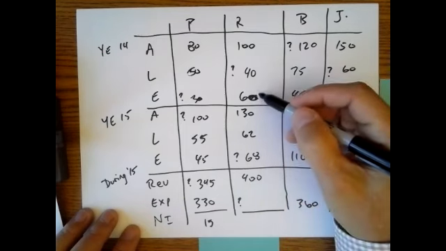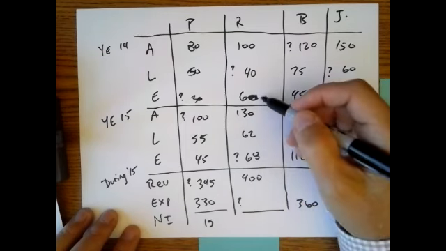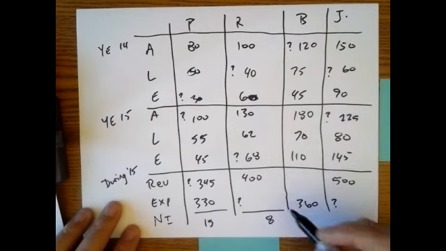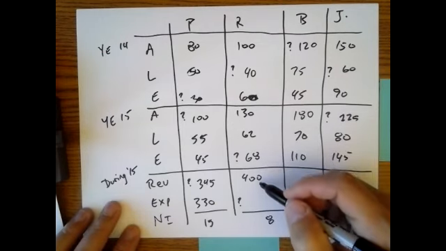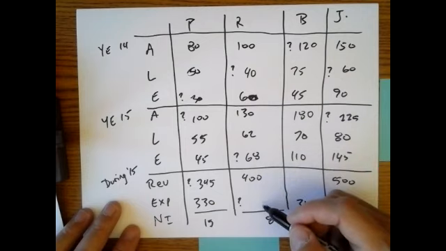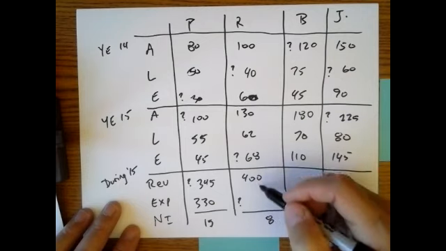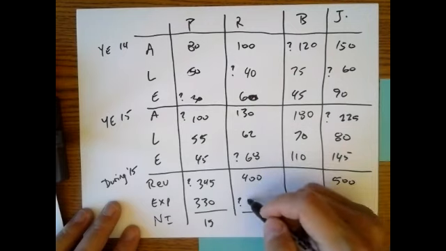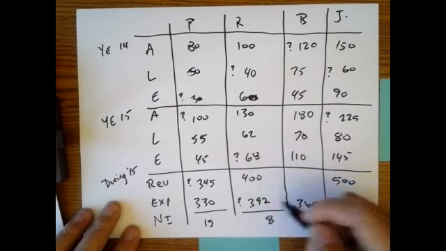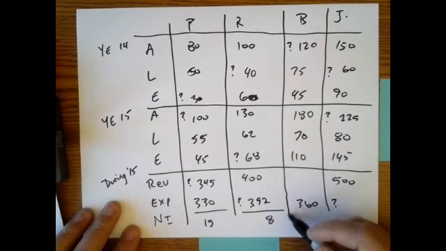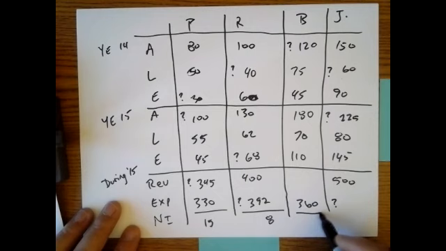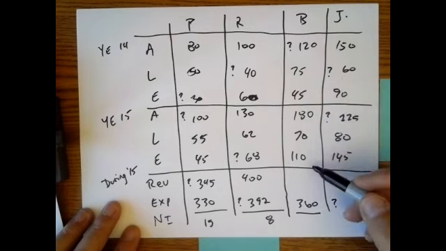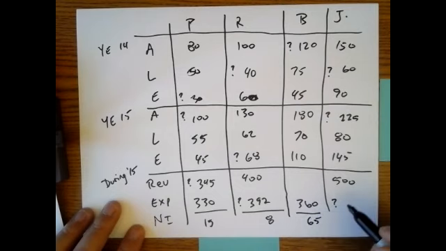Next, we look at the change in equity for Rose. They started with 60 and ended with 68, so that means they had 8. We know the revenue is 400 and we don't know the expenses, but when you subtract the expenses from the revenue, you wind up with 8. So expenses were 392. With Beckman, their equity went from 45 to 110. That's a change of 65.